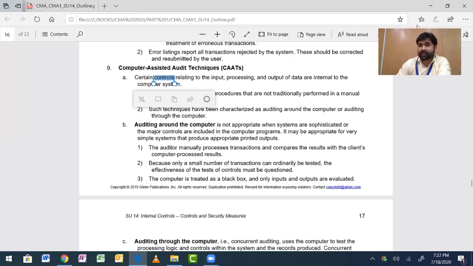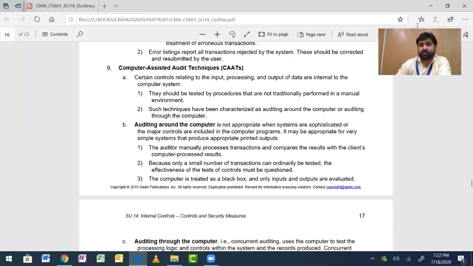Output of data are internal to the system. They should be tested by procedures that are not traditionally performed in a manual environment. Such techniques have been characterized as auditing around the computer or auditing through the computer, fine. So, to some extent, that summarizes the whole feel of this segment.